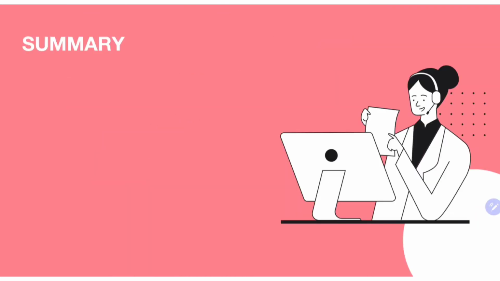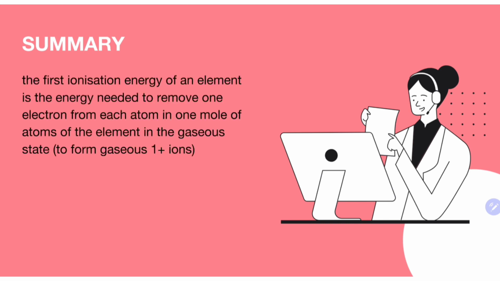We summarize. The first ionization energy of an element is the energy needed, so this process is endothermic, to remove 1 electron, because this is the first, from a neutral atom, in 1 mole of atoms of the element in the gaseous state to form a +1 ion.